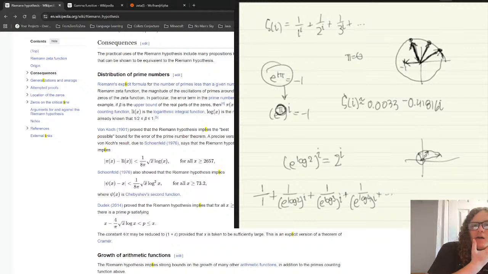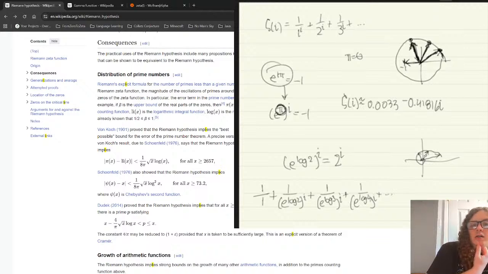So let's see. The terms of the sum over the zeros of the Riemann zeta. Magnitude of the oscillations of primes around their expected position controlled by the real parts of the zeros of the zeta function.